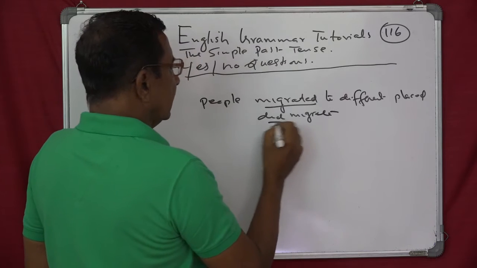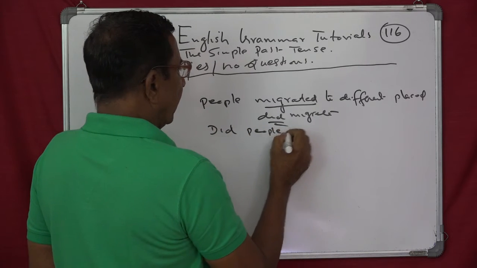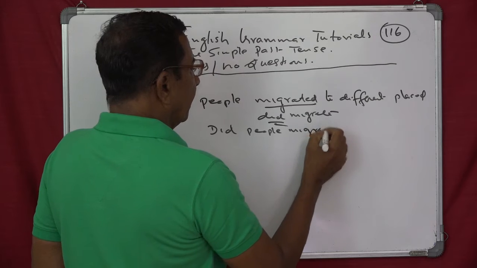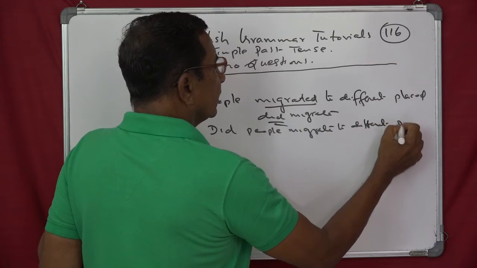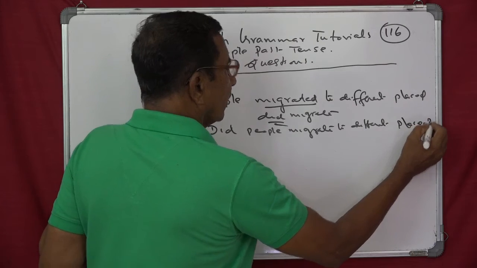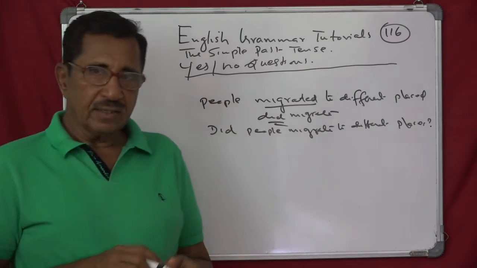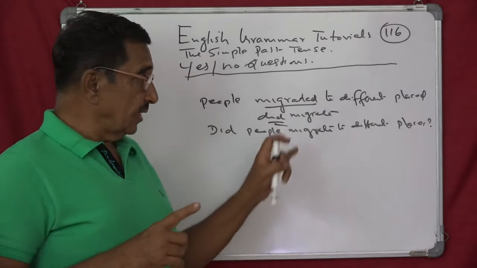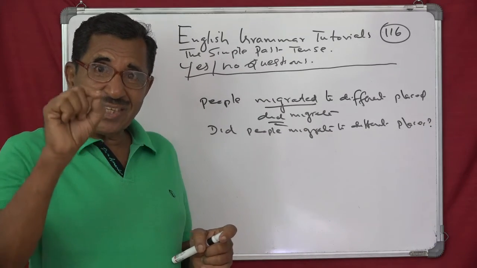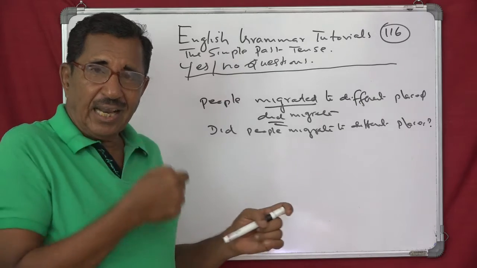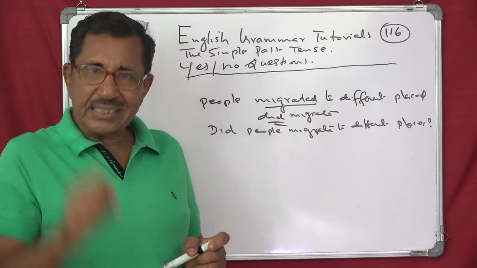Alright. Now it's easy. Did people migrate to different places? Question mark. See, people migrated. Did people migrate? See, after did, the remaining part is tenseless, because the tense marker has been taken and attached to do, and that is how do becomes did.